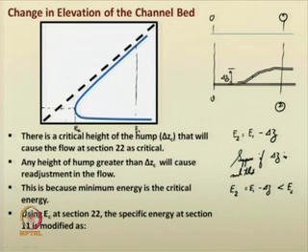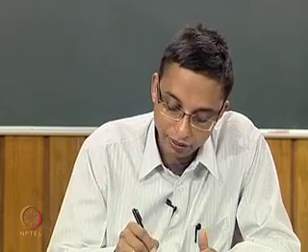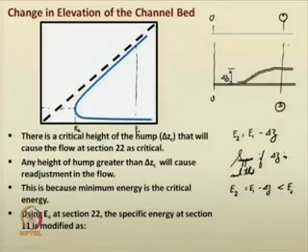The flow at the downstream section, section 2, becomes critical, so the critical energy will be there. From that you need to take del z into account such that the specific energy at the upstream section gets modified.